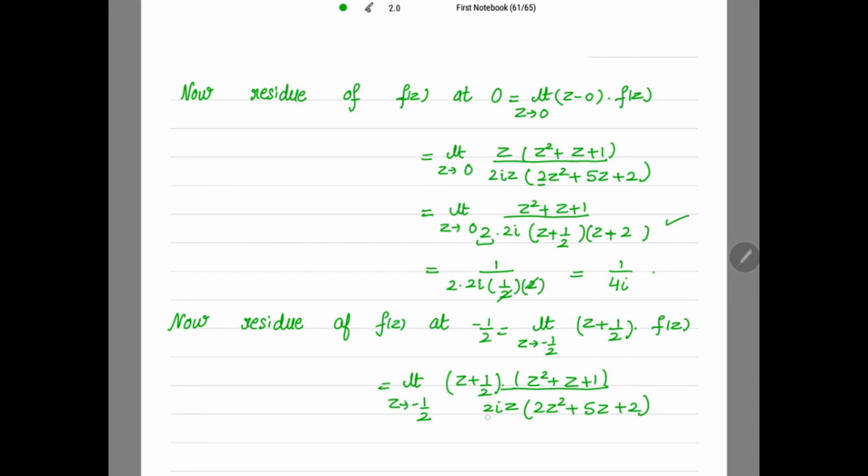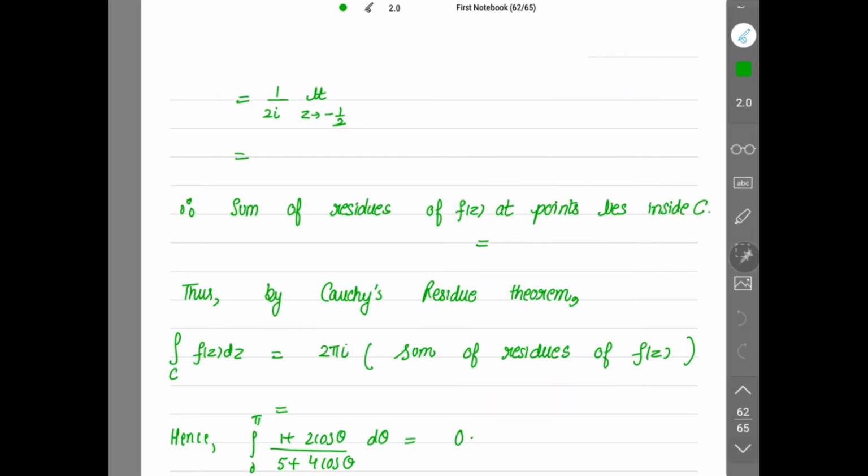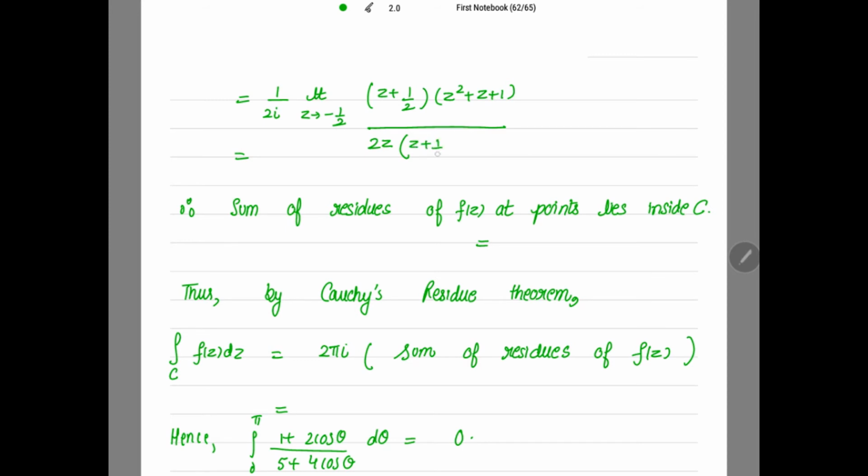We have 2 iota in the denominator of the function. So 1 over 2 iota, limit z tends to minus 1 by 2, z plus 1 by 2, z square plus z plus 1, taking the leading coefficient outside, so this is 2z into z plus 1 by 2, z plus 2.